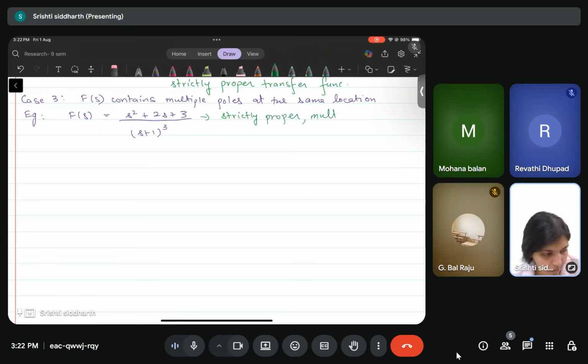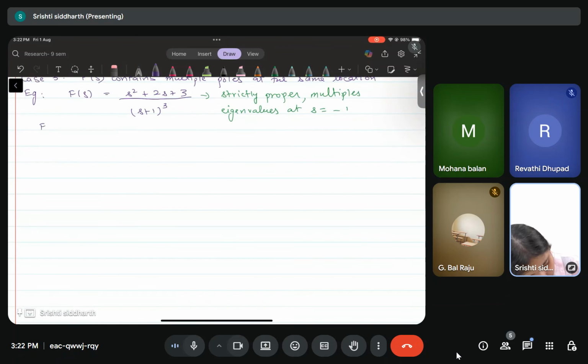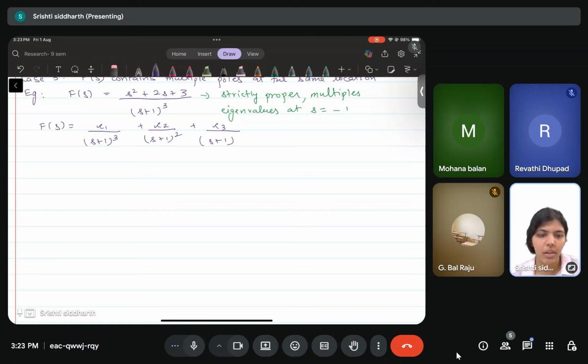Then with multiple eigenvalues at s equals minus 1, in this case f of s can be written as c1 over (s plus 1) cubed plus c2 over (s plus 1) squared plus c3 over (s plus 1), and this should be equal to s squared plus 2s plus 3 over (s plus 1) cubed, which is f of s.